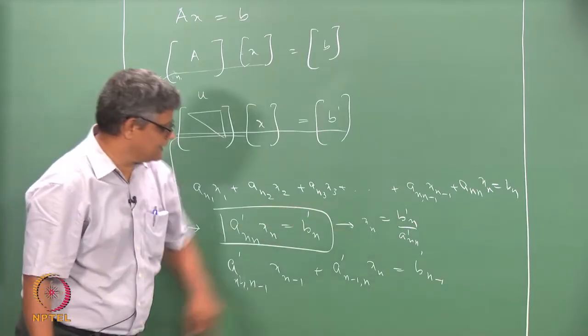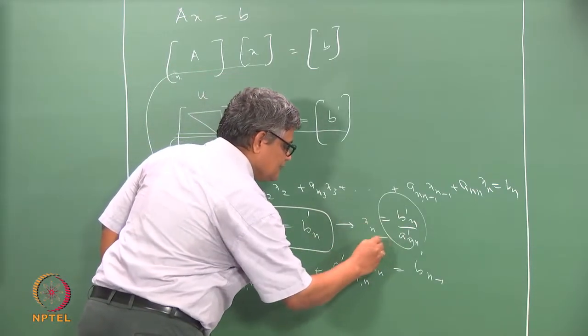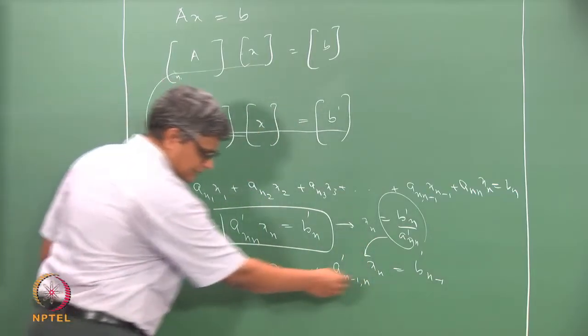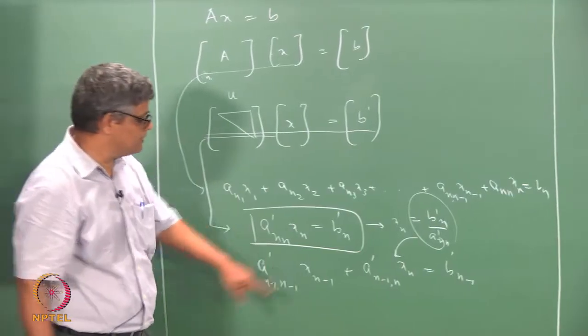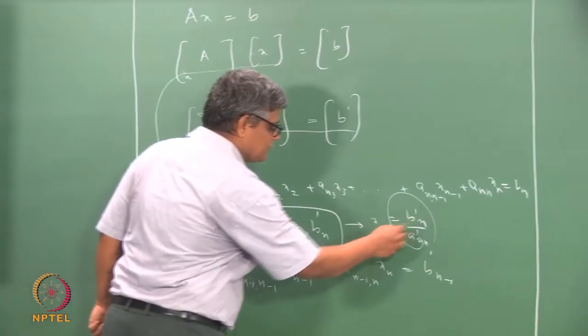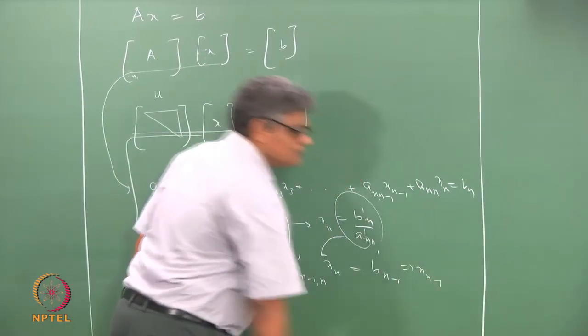And once you have xn, you can substitute this value in the equation above, which contains only xn minus 1 as unknown, and we can get xn minus 1.